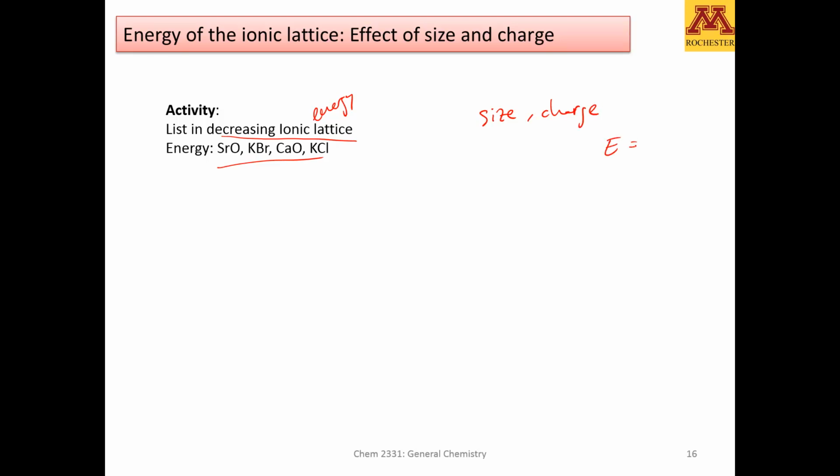Notice when we look at this model that for the charge factor, if you have a 2 here instead of a 1, you will multiply the energy by a factor of 2. So typically it's safe to say that the charge effect will be stronger than the size effect. So in this case, what are the charges? We have strontium oxide. Strontium is in the second column, oxygen is in the sixth, is a 2 negative, and calcium oxide.